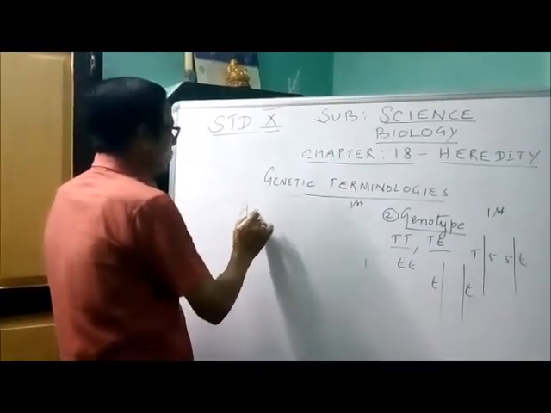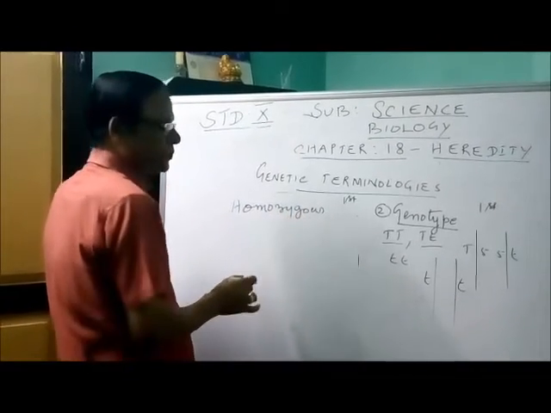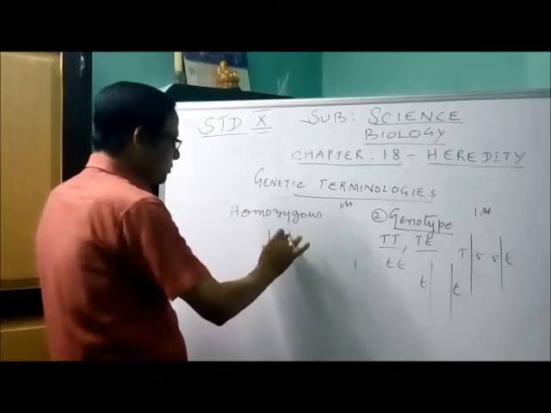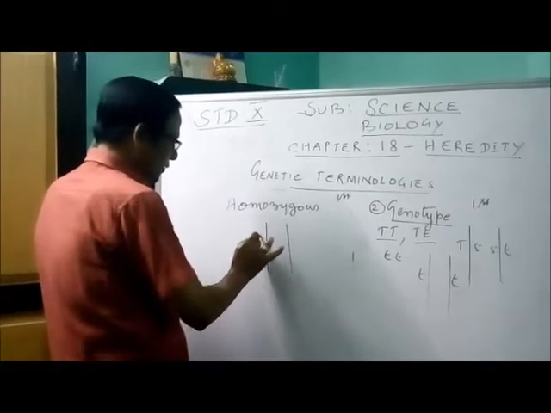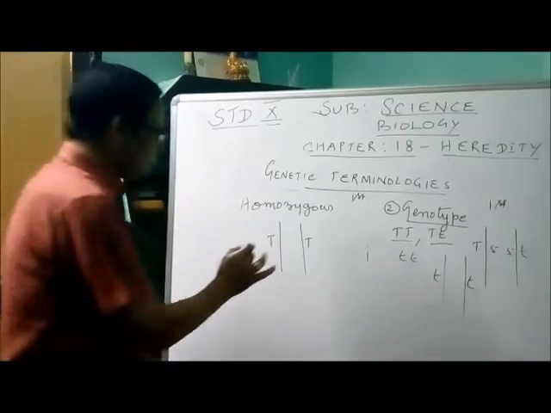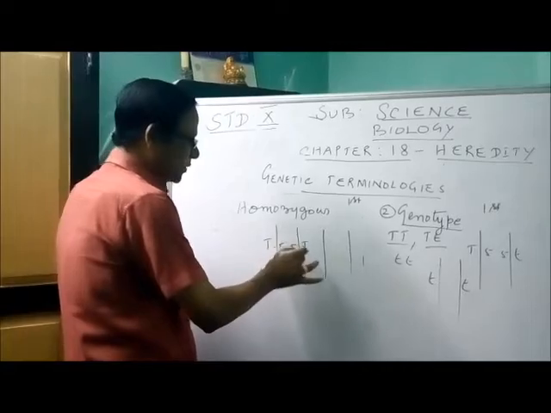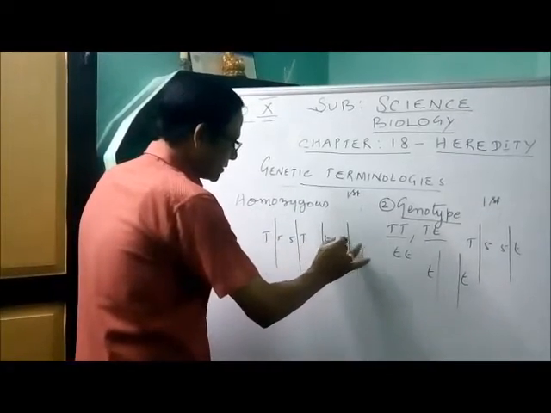One is homozygous. If we are taking the genotype homozygous, the two factors are similar or alike in both the chromosomes, either dominant factors or recessive factors.